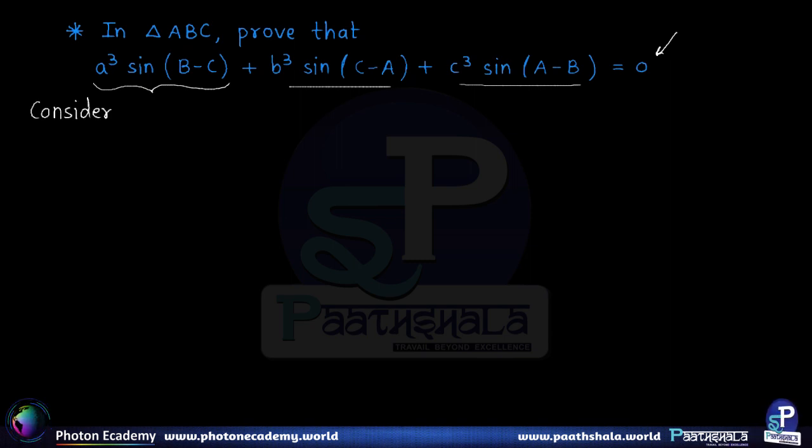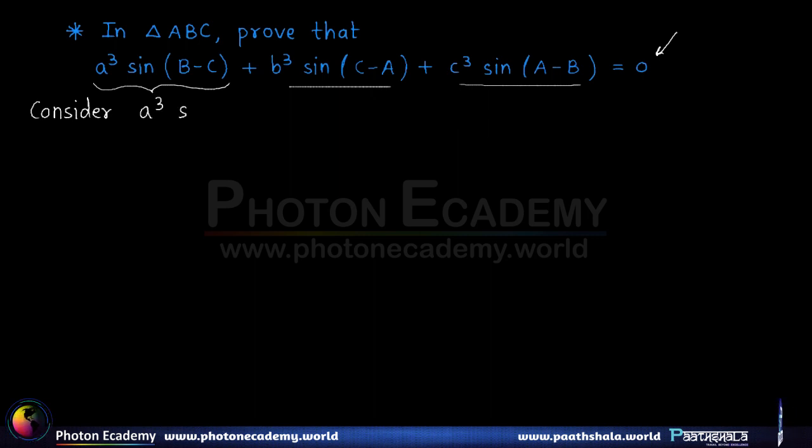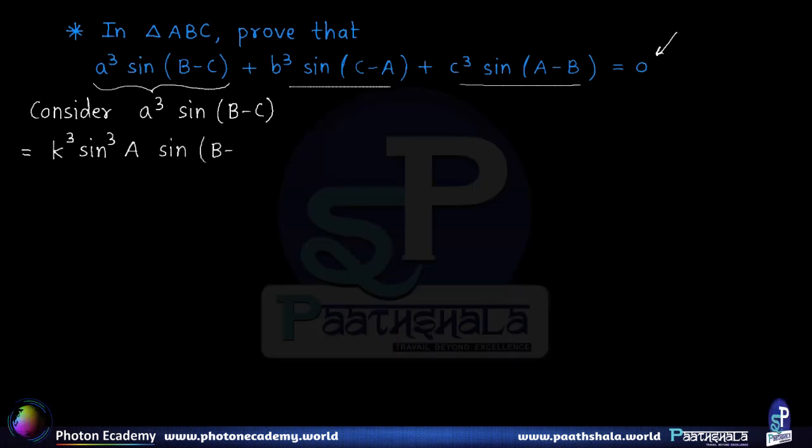Consider the first term, that is a cube sin of (B minus C). So putting a as k sin A, we get k cube sin cube A into sin of (B minus C). Now here what happens is, if we keep A as it is, then that cannot be linked with B minus C directly.